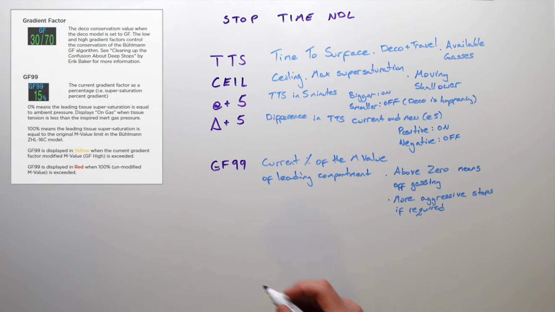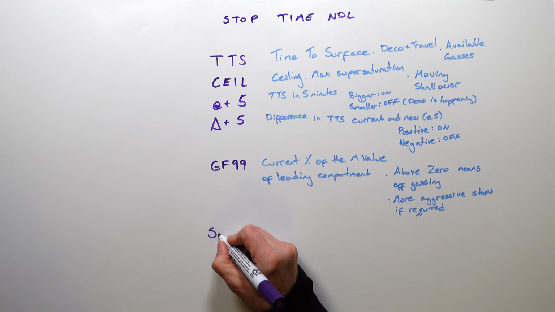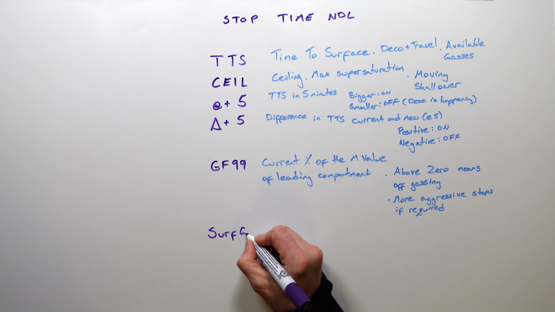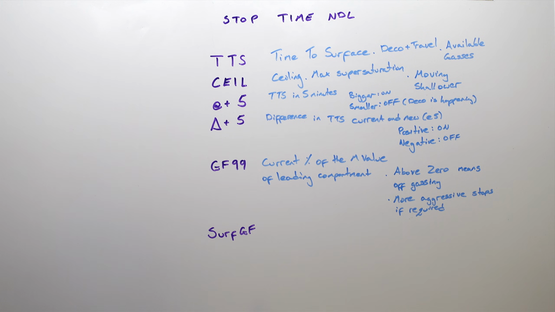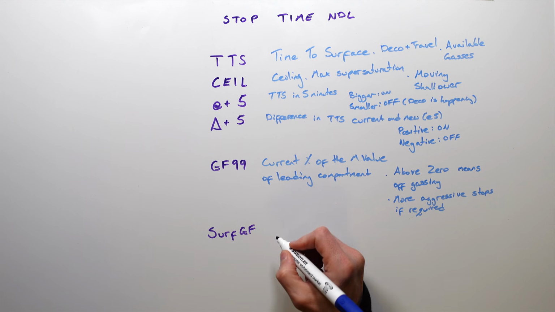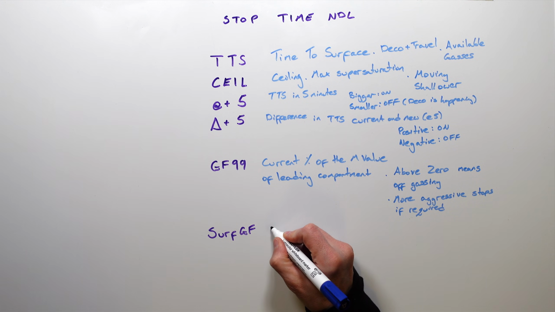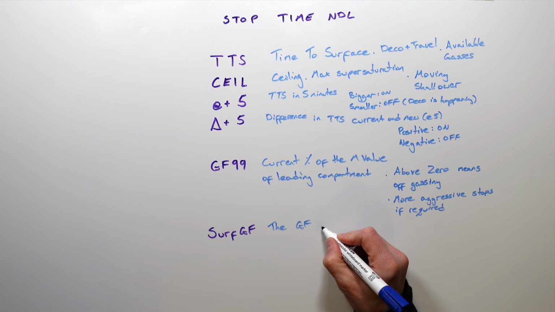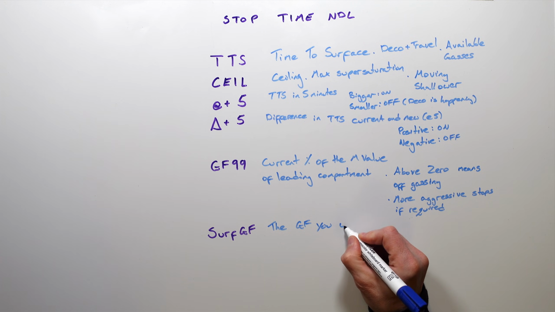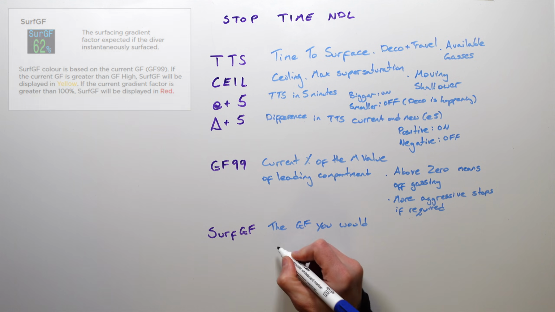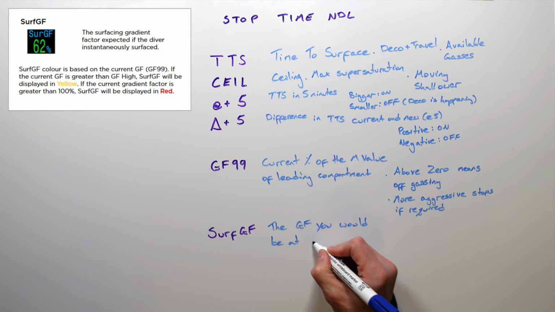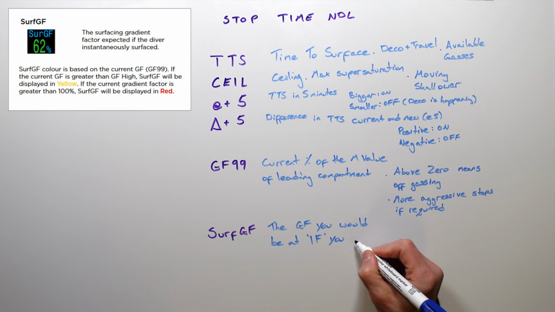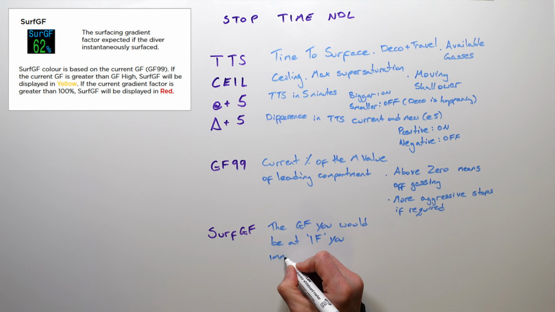The last one that we looked at was the surf GF, or the surfacing gradient factor. And what this is, is the gradient factor that you would be at if you immediately surfaced.